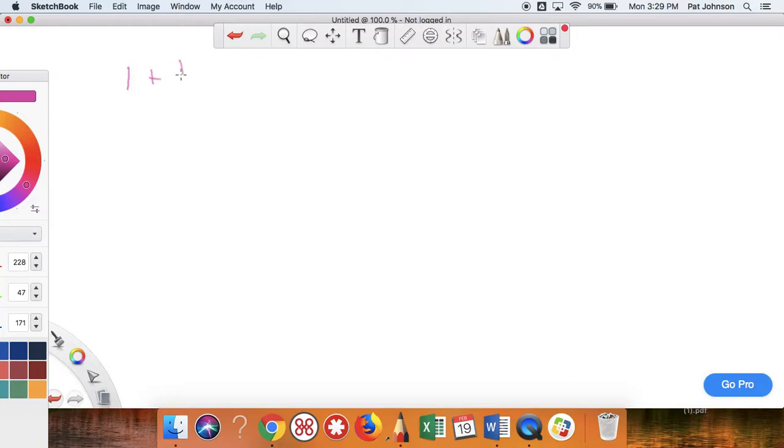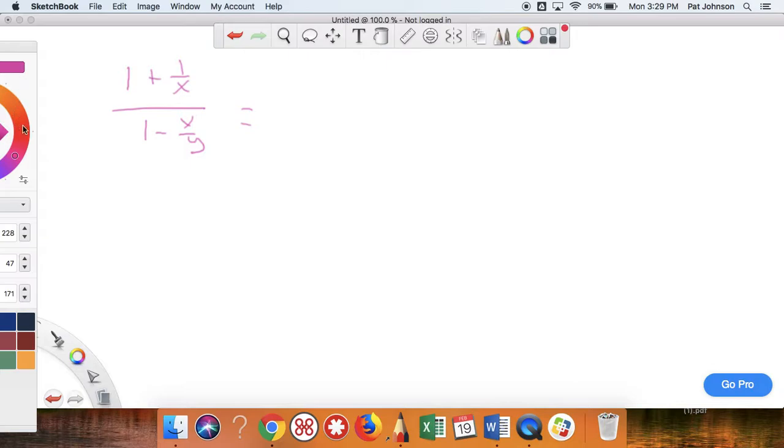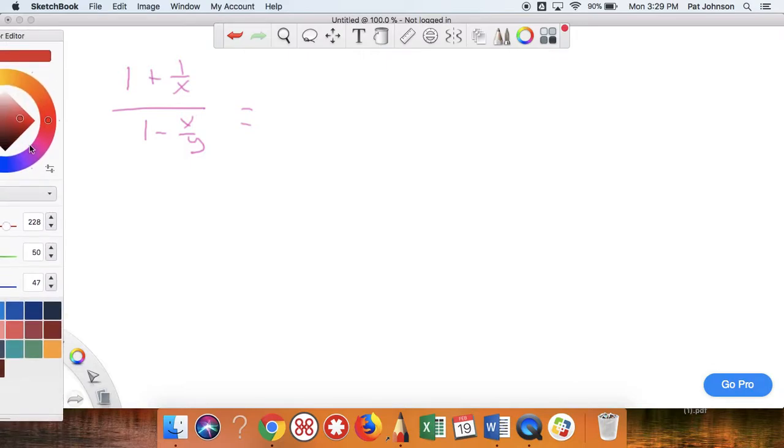You have 1 plus 1 over x divided by 1 minus x minus 1. So the first thing this one does is we have different LCDs. So what they're going to do here is they're going to take this and simplify this. So this becomes 1 over 1 plus 1 over x. So basically they get a common denominator, which is x.